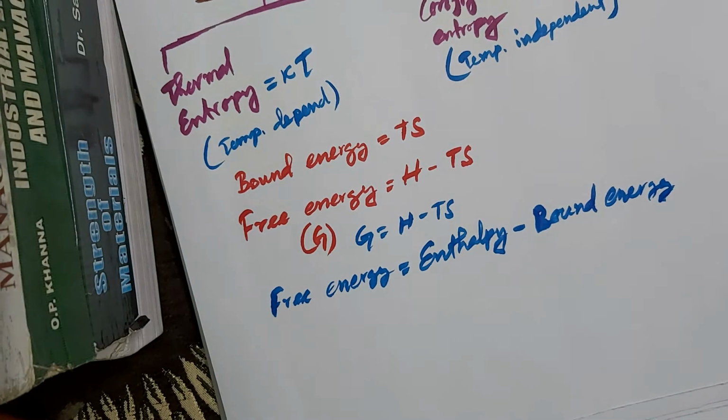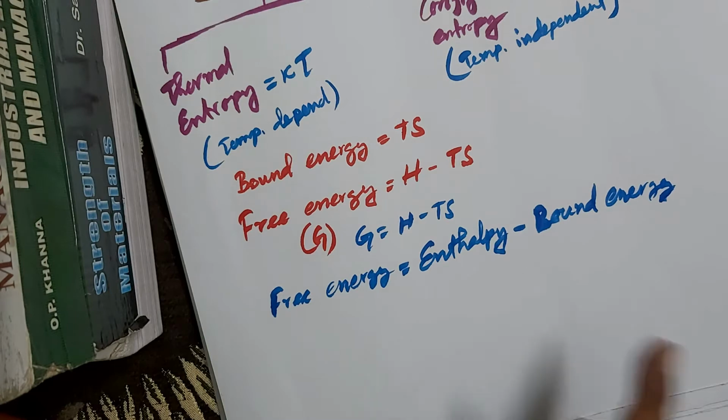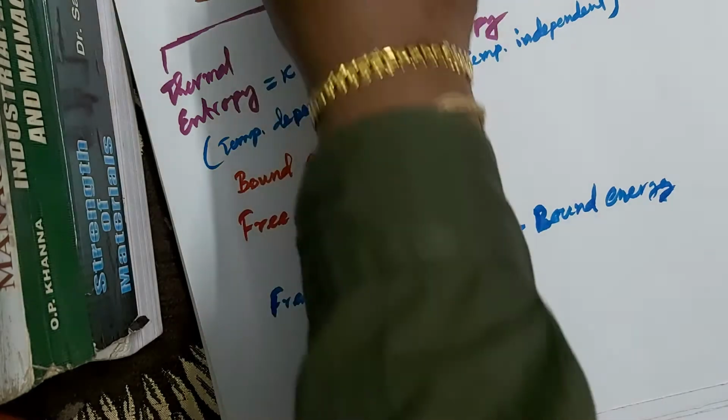Enthalpy minus bound energy. Free energy is equal to enthalpy minus bound energy, or G is equal to H minus Ts.